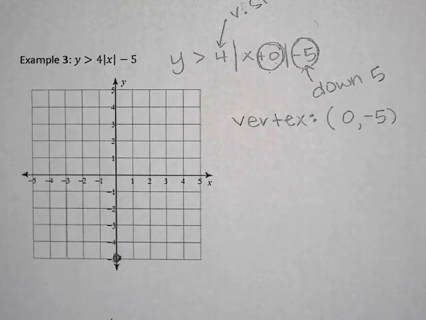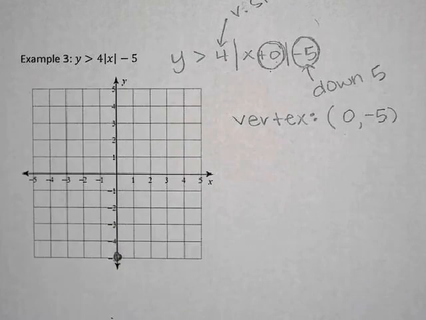And then I'm going to go ahead and click on the gear and click on the table. And there's our vertex, 0, -5. So our other points, we have -1, -1.